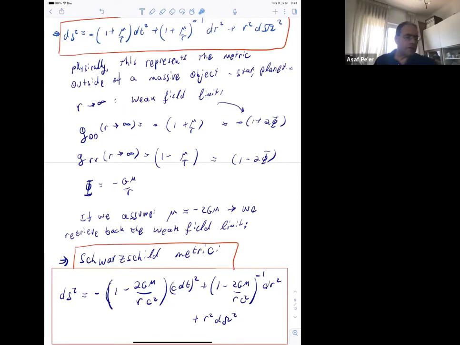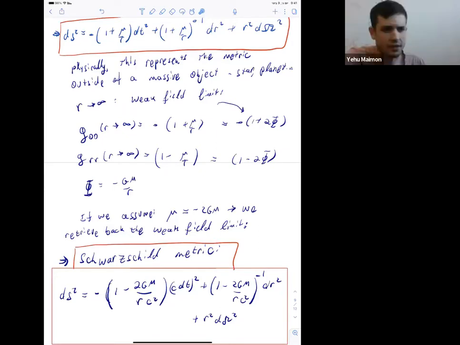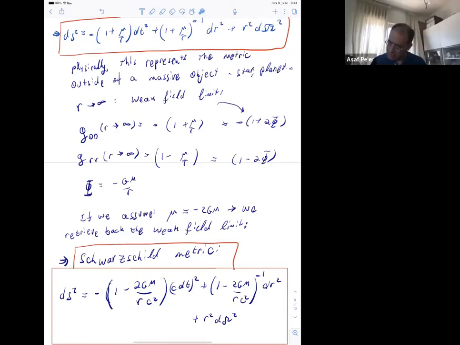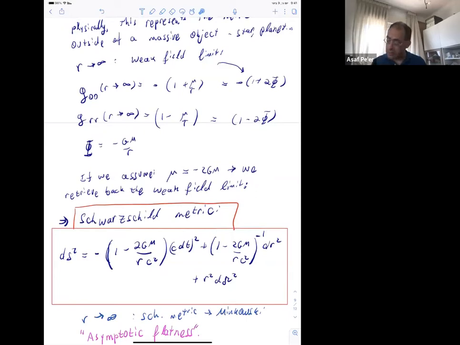Check that I didn't make any stupid mistake over here. Yeah, but this is when r is not very large, right? You have here corrections which are not part of the weak field approximation.